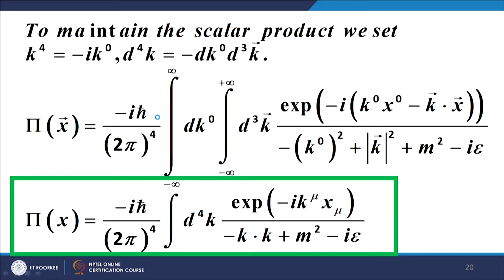Please note, in this case there is an additional minus I in the numerator compared to the expression that we derived using the harmonic oscillator methodology.